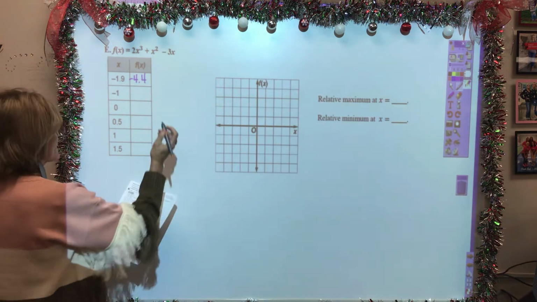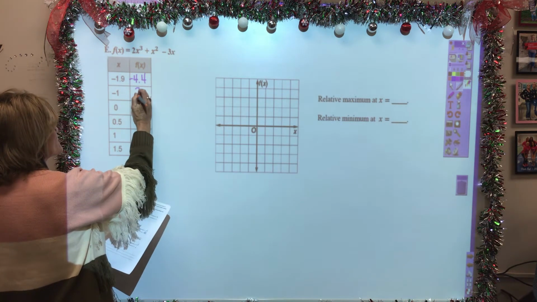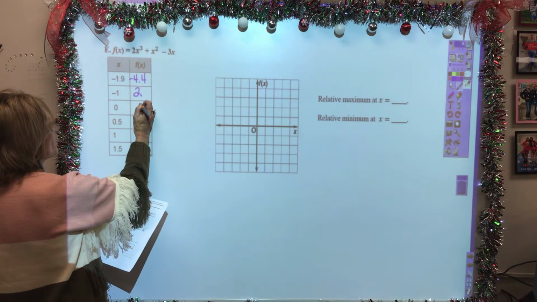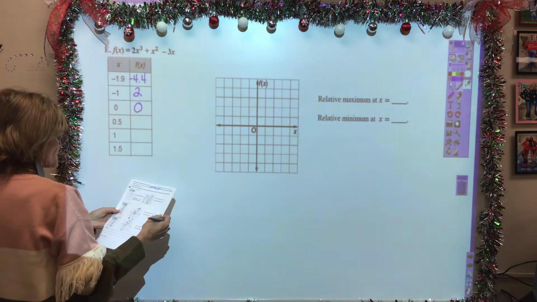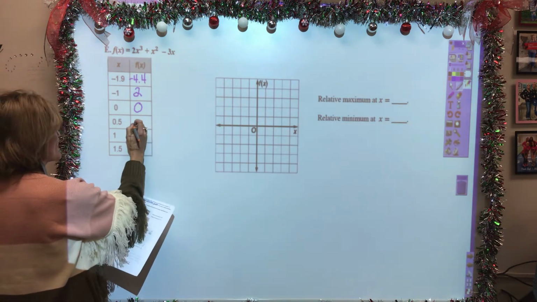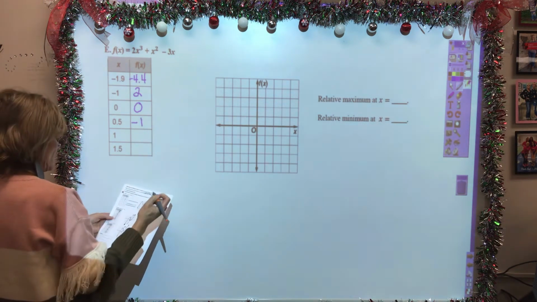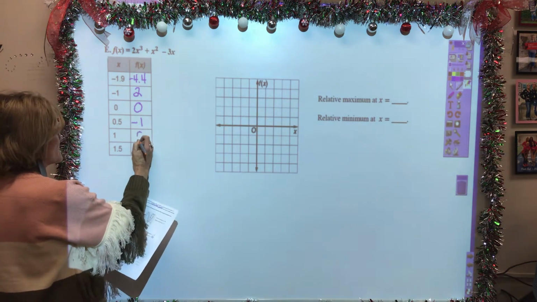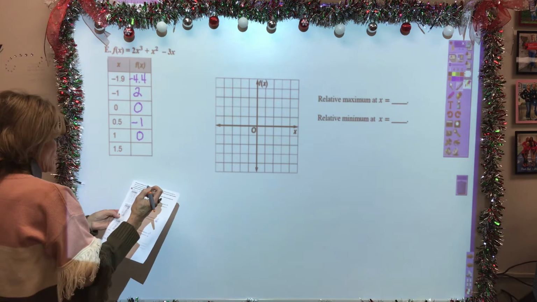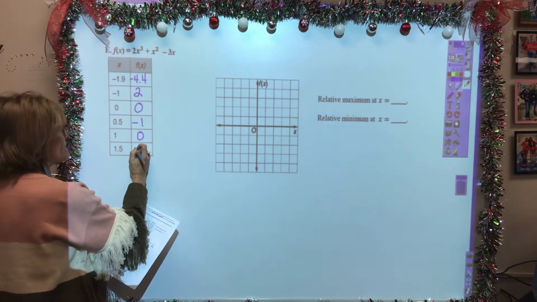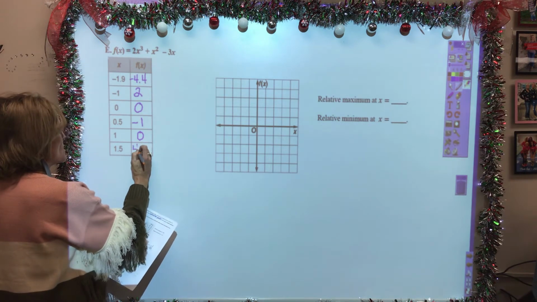When x is negative 1, f of x is 2. When x is 0, f of x is 0. When x is 0.5, f of x is negative 1. When x is 1, f of x is 0. And when x is 1.5, f of x is 4.5.